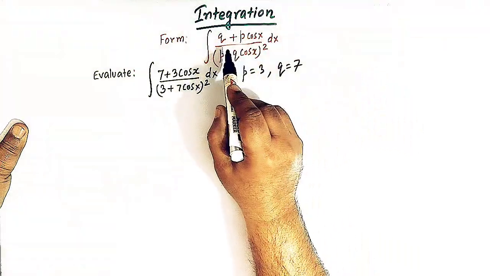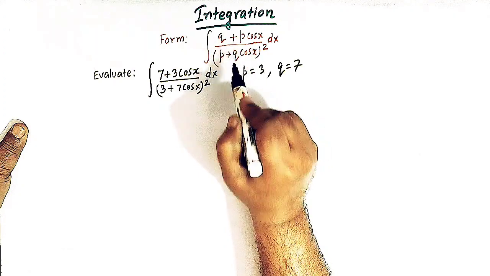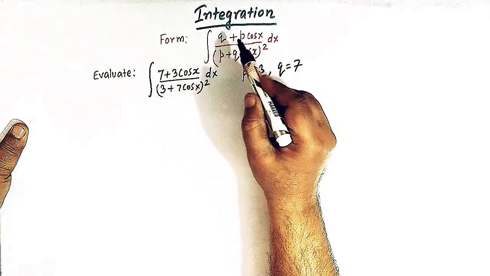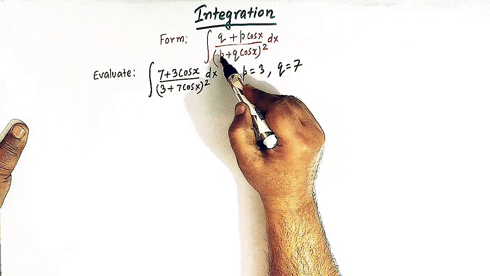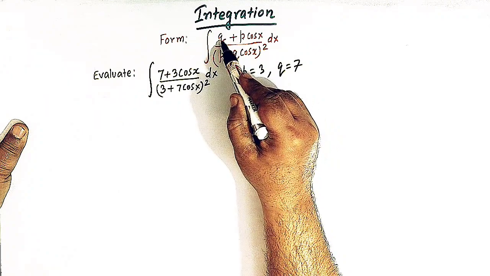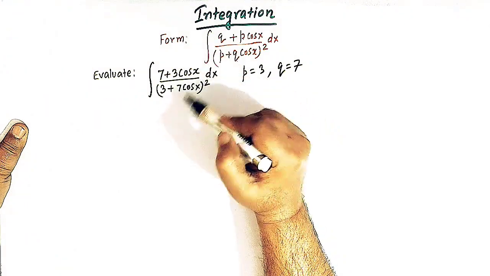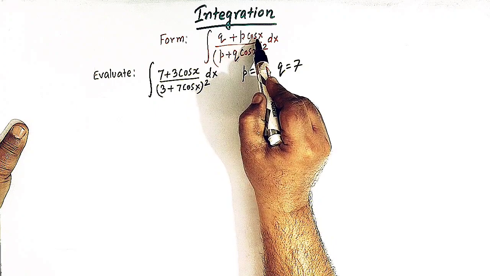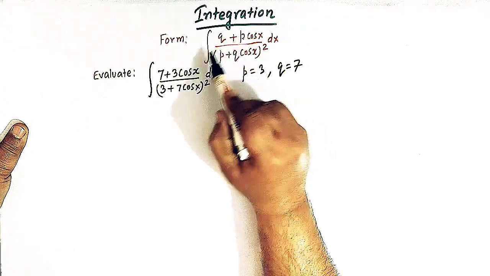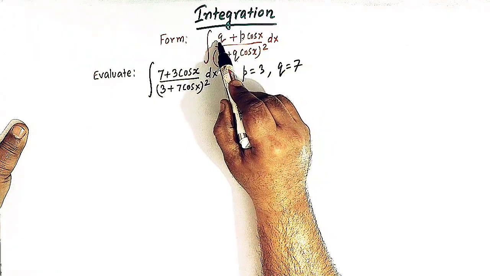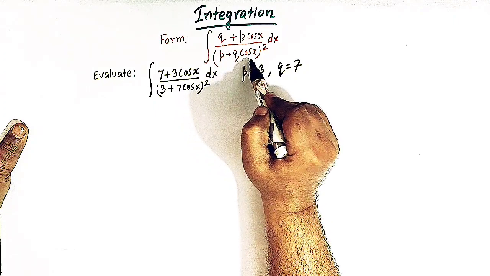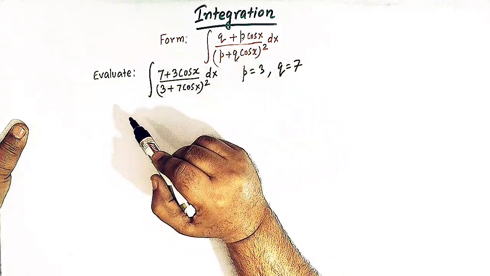So whenever we come across integrals of this type, where here we have p and here also we have p, and here we have q and here also we have q, so we have q plus p cos x, and in the denominator, the numbers p and q are interchanged, and we have p plus q cosine x whole square, right?